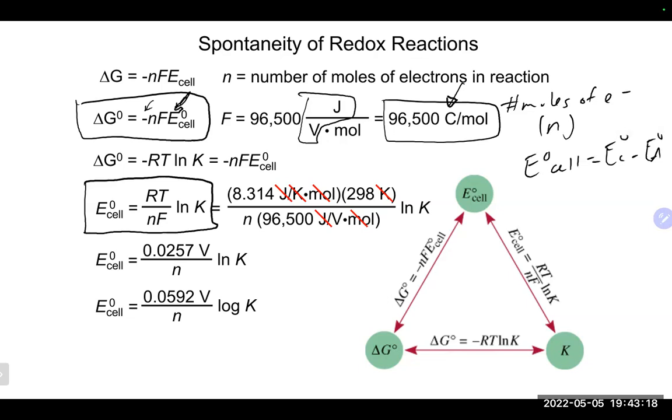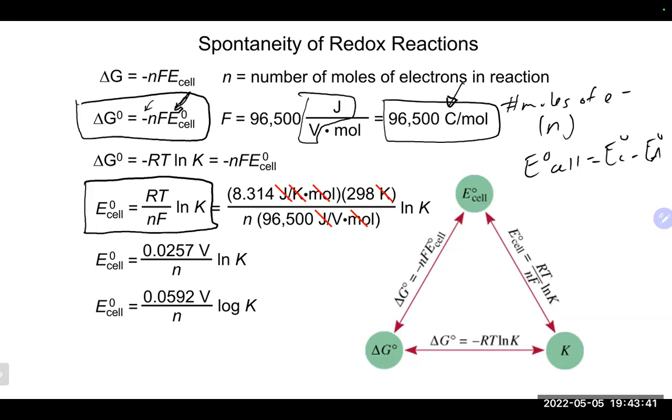The E of the cell is equal to RT over NF times the natural log of K. R is our gas constant, the 8.314, the one with the energy value. Temperature does need to be in Kelvin. N, once again, is our number of moles of electrons being transferred, and F is Faraday's constant. And K here is our equilibrium constant.